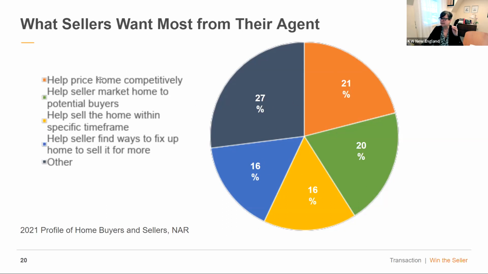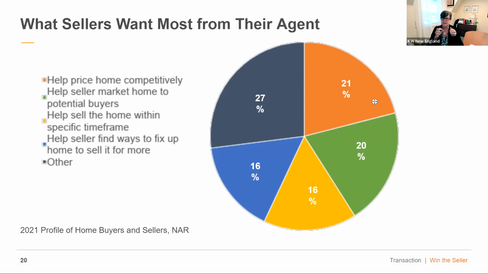The colors match, so the 21% would be the top one. But 27% is other. Got it. So 21% of all the people wanted help pricing their home competitively.